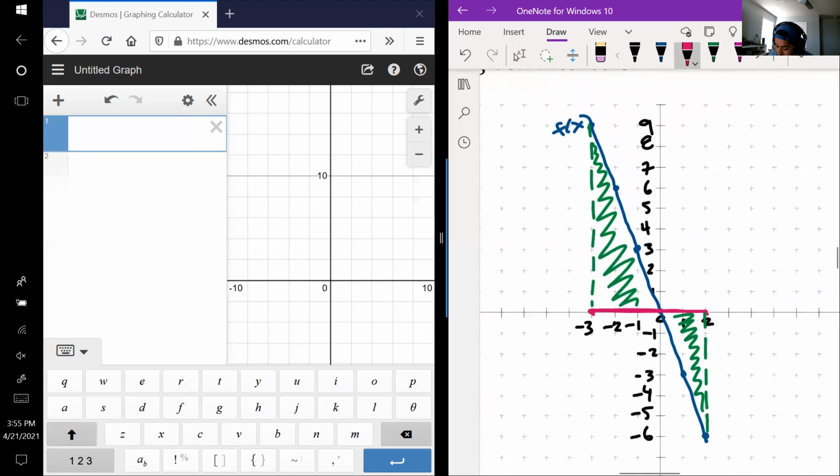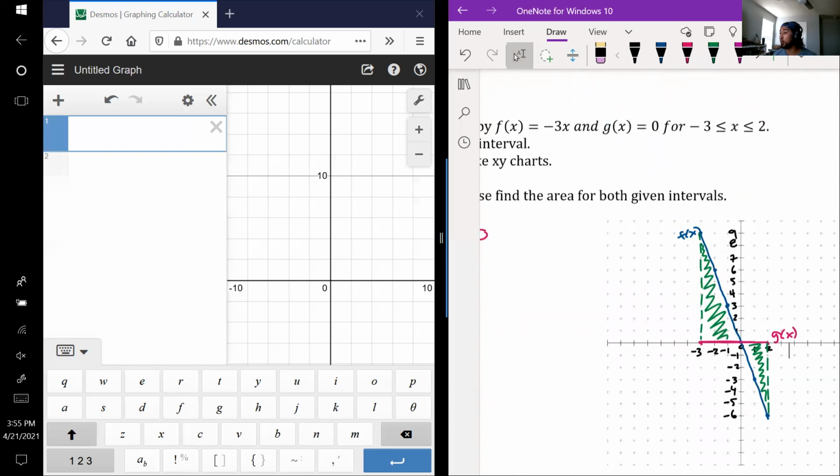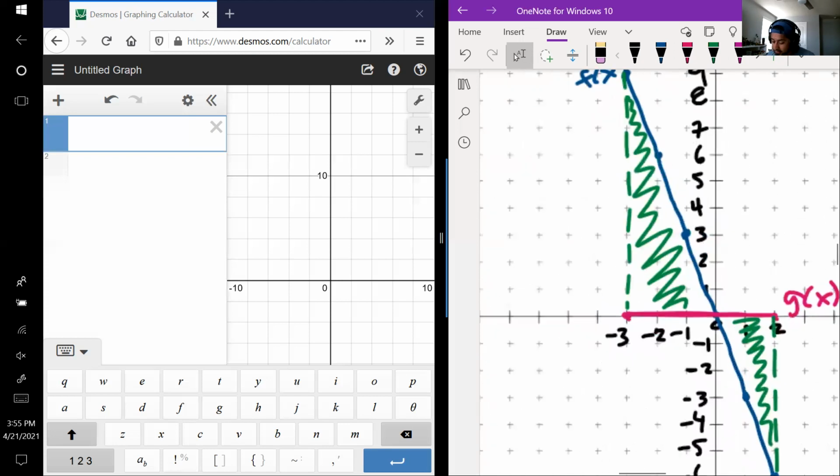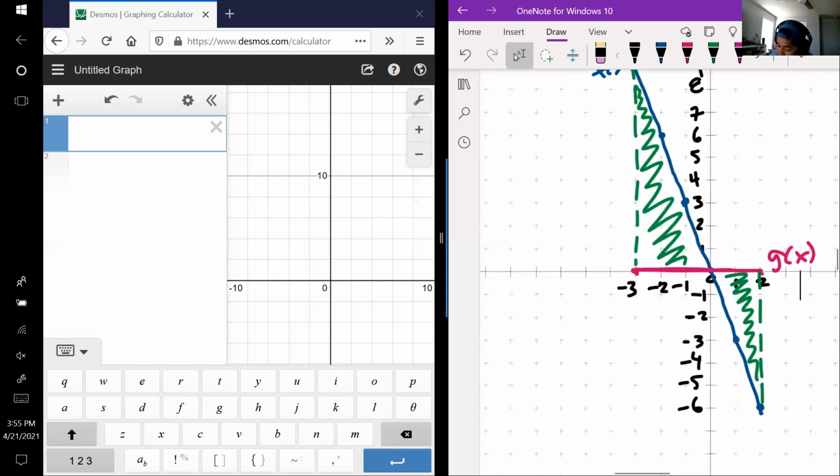This is g of x. There we go. Okay. Now to determine the appropriate case, we see that from negative 3 to 0, here, I'll write that on the graph first. We see that from negative 3 to 0, f of x is above g of x. So let me point that out.